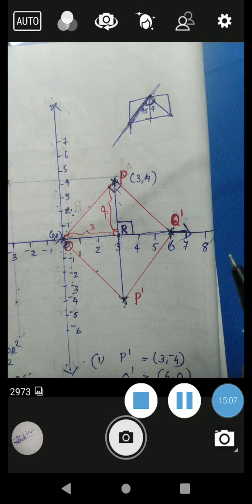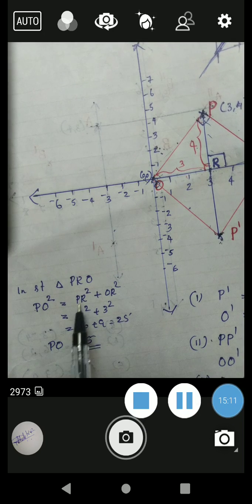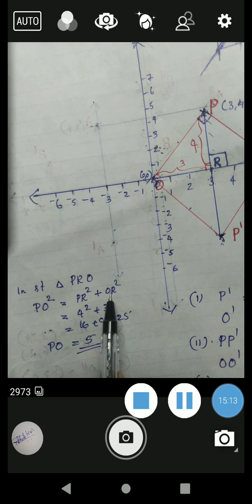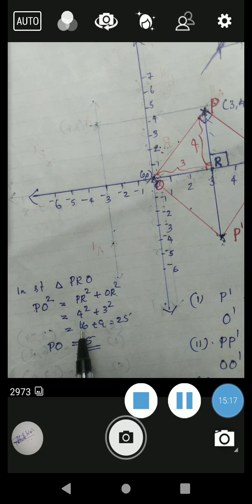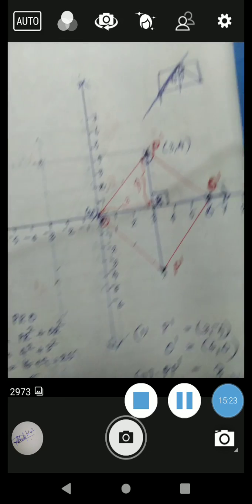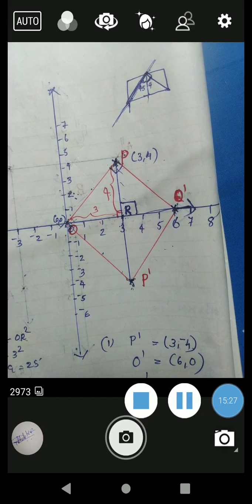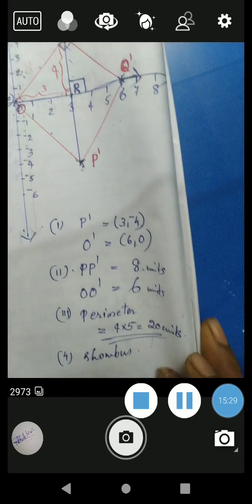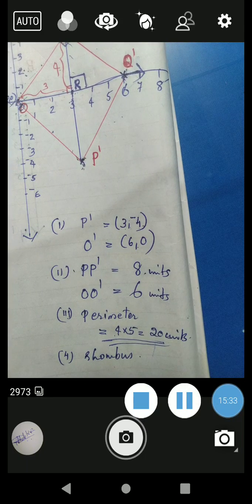PO square is equal to PR square plus OR square. That is 4 square plus 3 square, that is 16 plus 9 is equal to 25. Therefore, PO is equal to 5. So, what is the perimeter of this figure? 5 plus 5 plus 5 plus 5. That is 20 units. That is 4 into 5, 20 units.